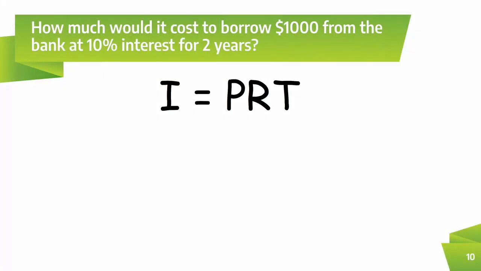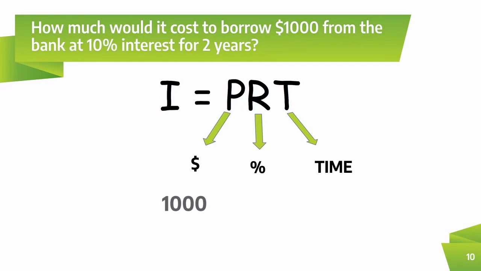How much would it cost to borrow $1,000 from the bank at 10% interest for 2 years? We're trying to figure out how much interest we're going to pay back. So we use our formula, I equals PRT. For the principal, we're borrowing $1,000. So that's the P. The rate, 10%.